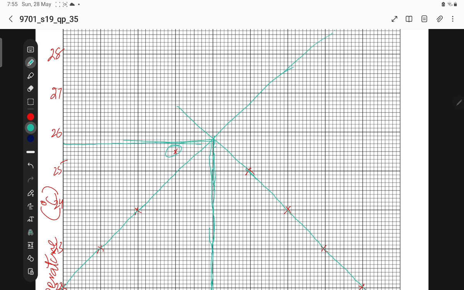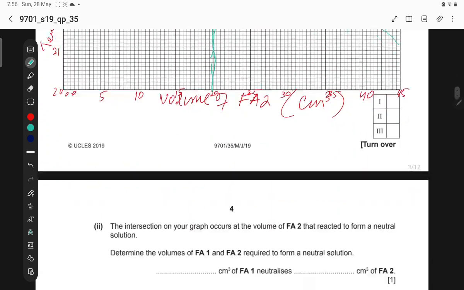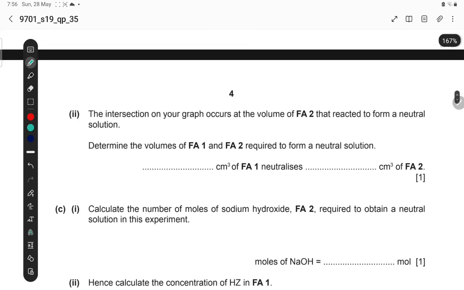So draw the line very carefully with a ruler. This is the maximum temperature.